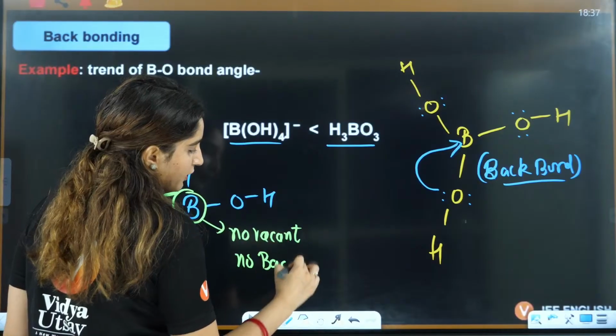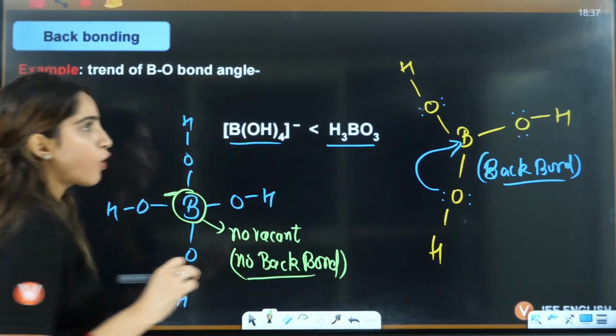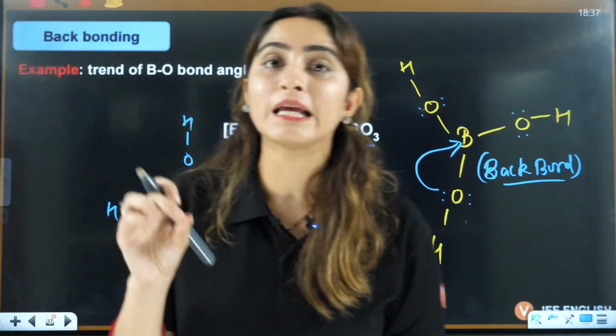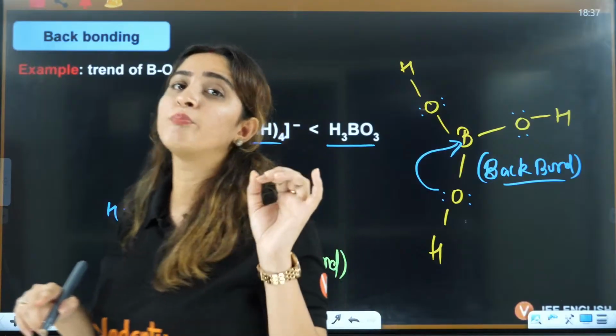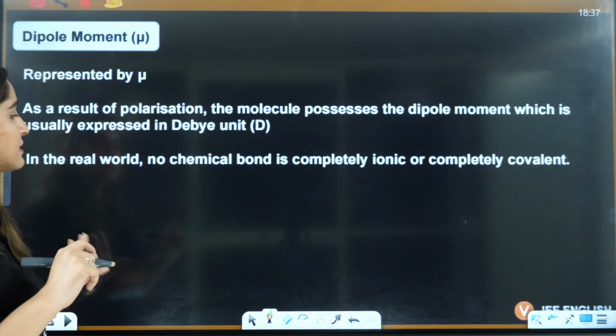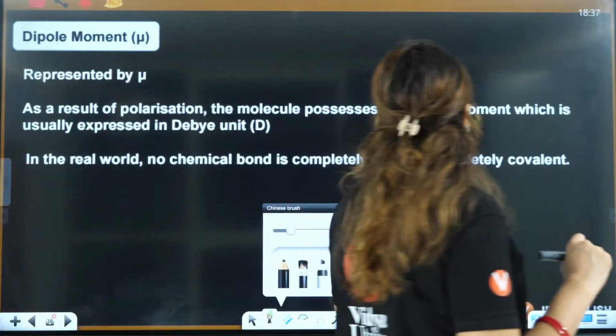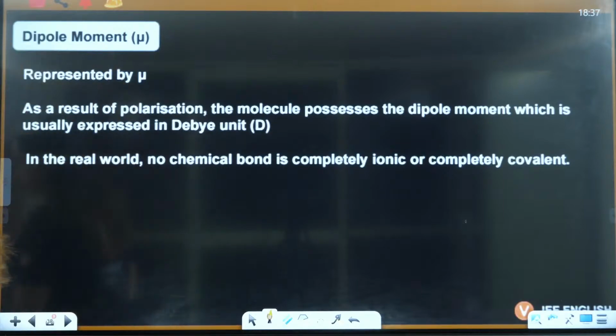So when you are answering the concept of bond angle, you need to take care of back bonding as well. If there is back bonding, then the bond angle is going to increase. Right, everybody? Got it? Understood? Yes, students?